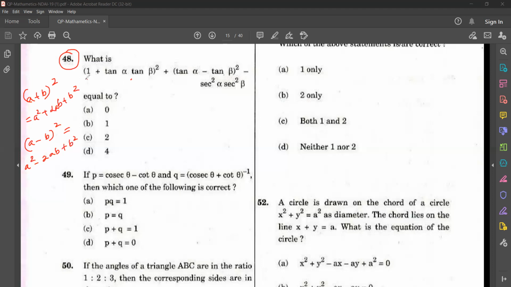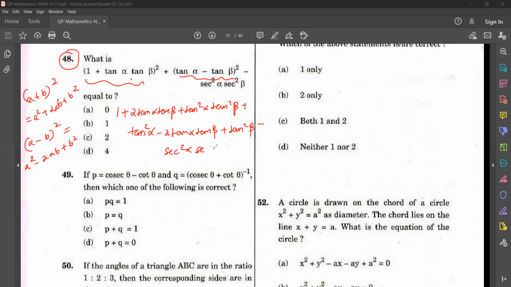So this will become 1 plus 2 tan alpha tan beta plus tan square alpha tan square beta, plus tan square alpha minus 2 tan alpha tan beta plus tan square beta, minus sec square alpha sec square beta.